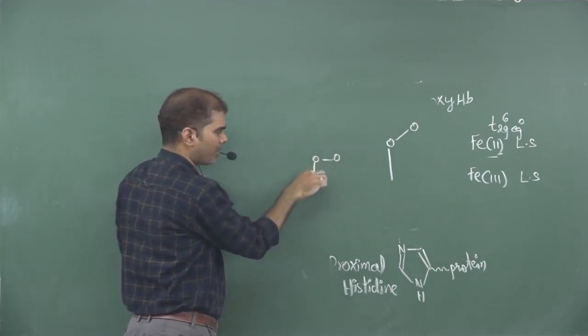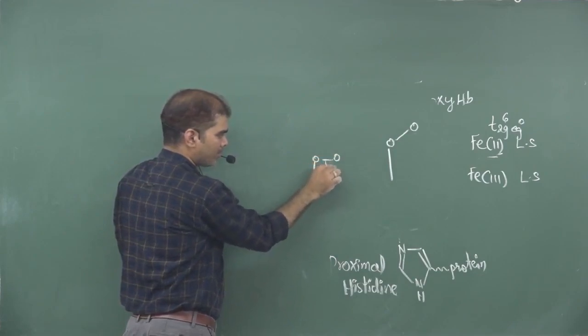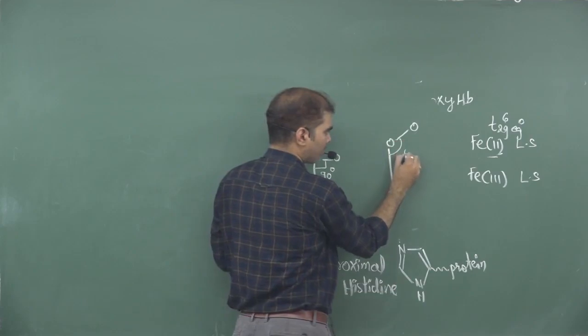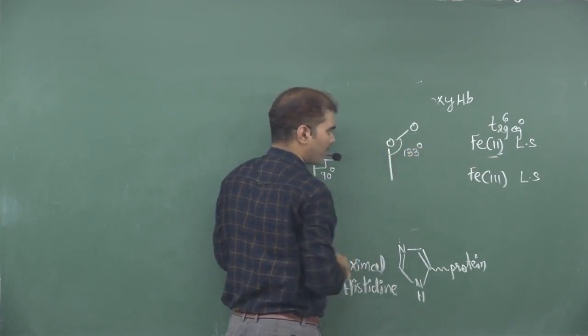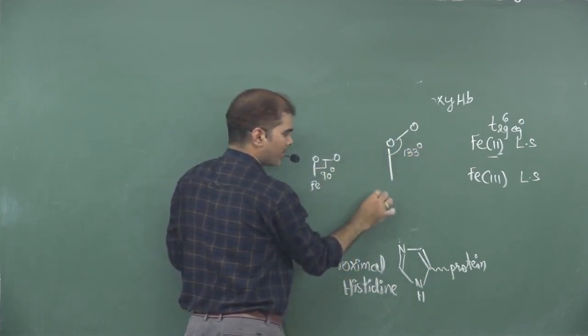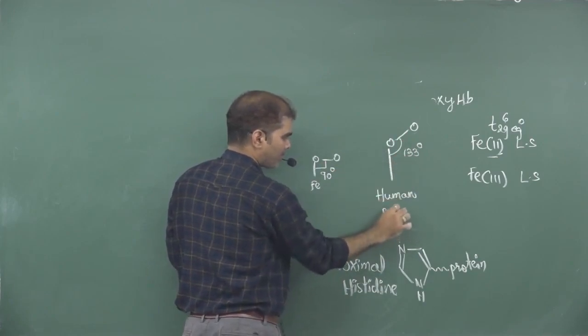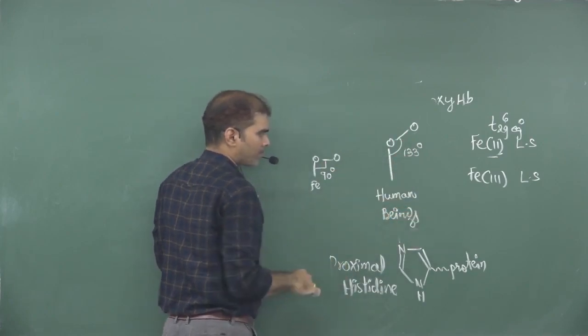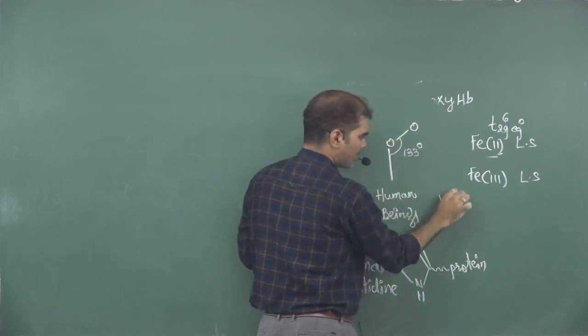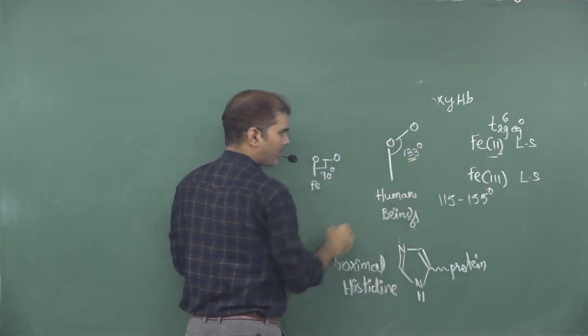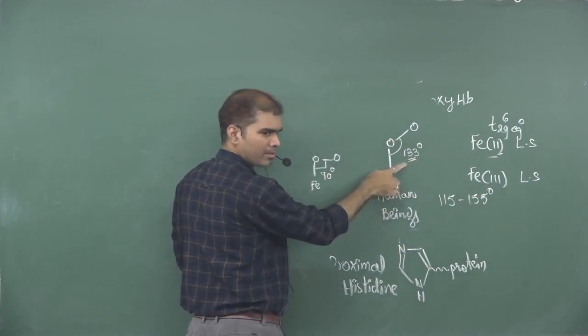If anyone has drawn like this, it is wrong, because this is giving you 90 degree. But this angle will be 133 degree. In human beings, the angle will be 133. Depending upon the organism, it will change from 115 to 155 degree. But at least you remember 133 in human beings.